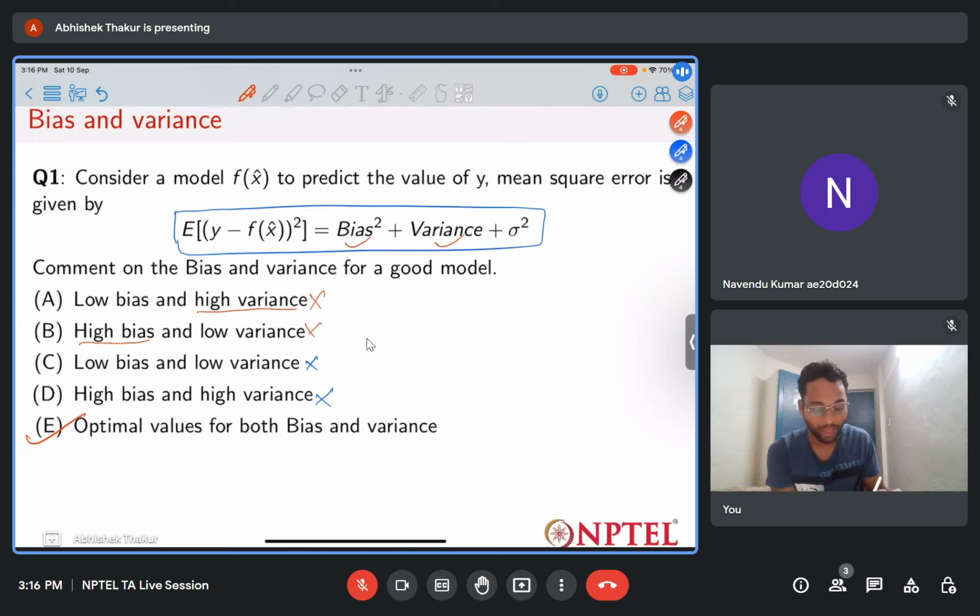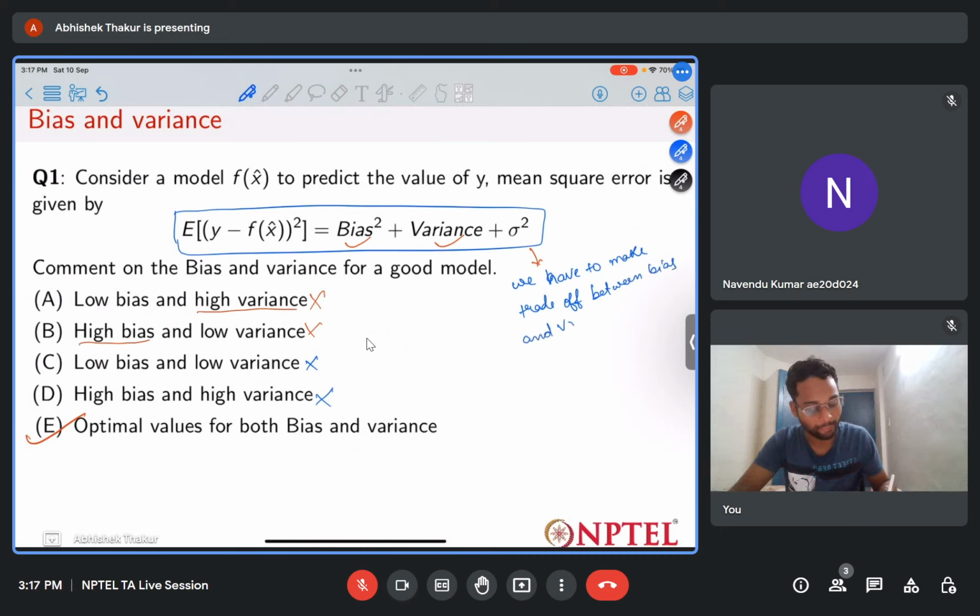So what we have to do is make a trade-off between bias and variance to reduce the mean squared error.